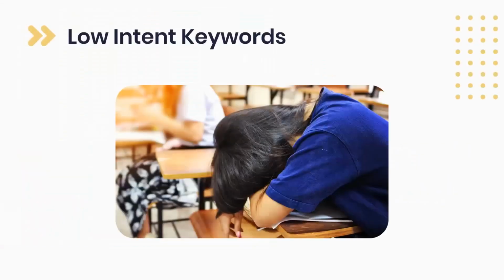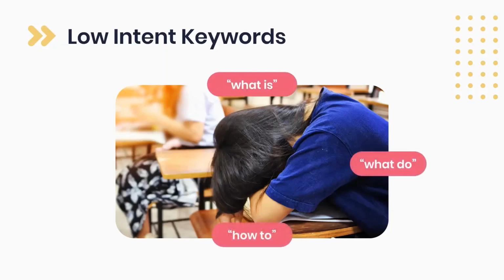Then we have low intent keywords, and these keywords are used for purposes other than making a transaction. They typically include words like what is, what do, how to, although how to could be a high performance keyword in some cases. And then there are other so-called broad keywords. For example, let's say someone is searching for an exact brand name.